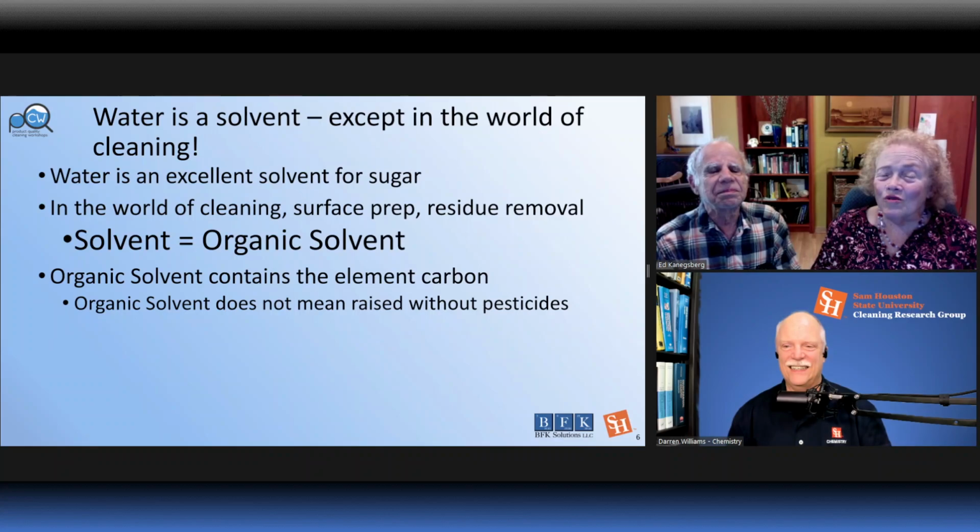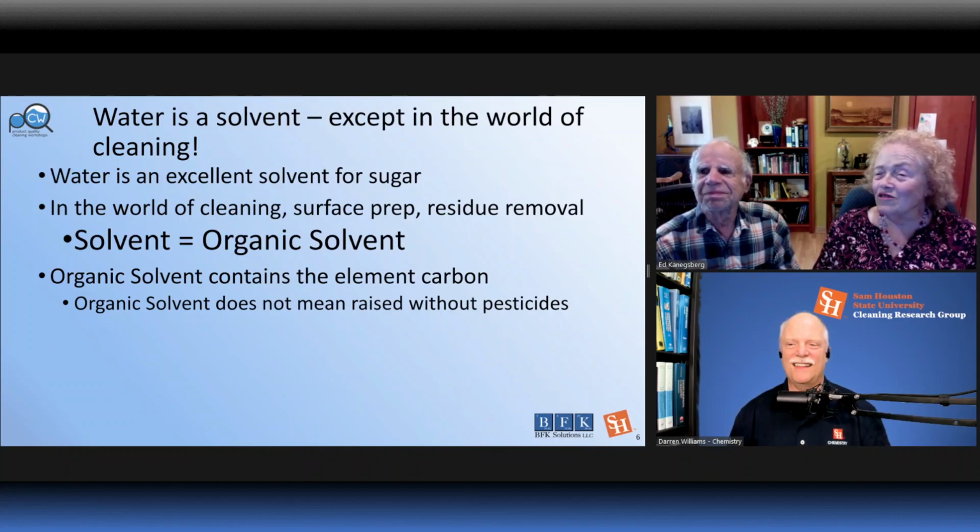Silly me, I always thought water was a great solvent because you put sugar in your tea or coffee and that's the solvent. But in the world of cleaning, surface prep, and residue removal, solvent equals organic solvent. It's a terminology. Organic solvents contain carbon, and organic solvent does not mean raised without pesticides. It could be synthetically made or plant derived.